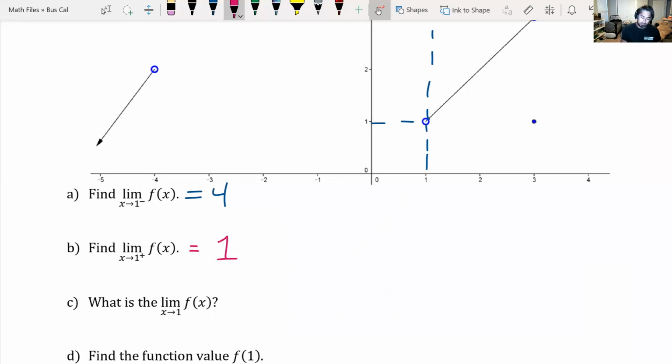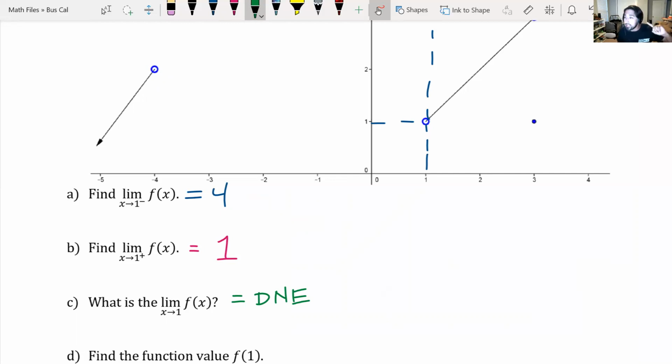So since these are not equal, this means that the limit at 1 does not exist. Okay, which means if we're looking at rules of continuity, the first rule says that the limit must exist.